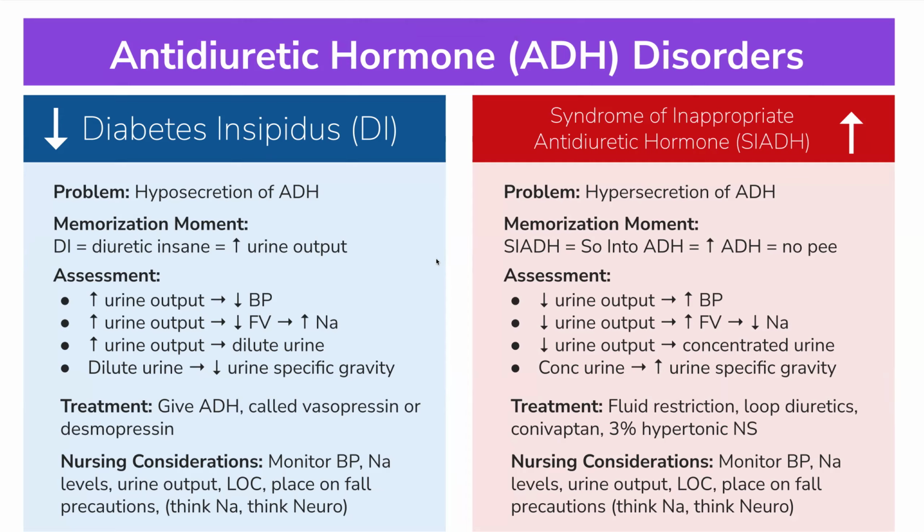Okay? So, I want to ask you something and put the answer in the chat for me. If antidiuretic hormone makes you not pee, and you're not releasing enough antidiuretic hormone, that means the patient is going to be peeing a lot. Does that make sense? Let me know in the chat.